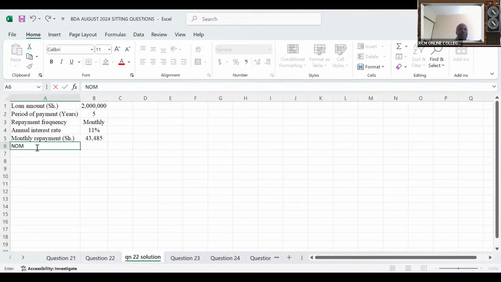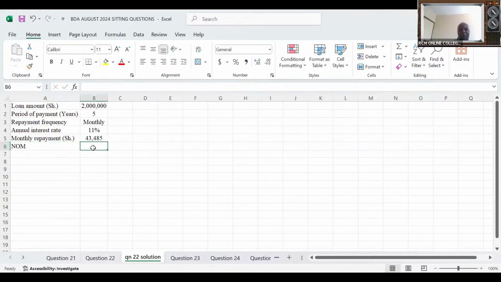How do I get number of months? It's very easy. I know that each of those 5 years has 12 months. So we'll say this times 12, enter. So those are 60 months. NOM stands for number of months.